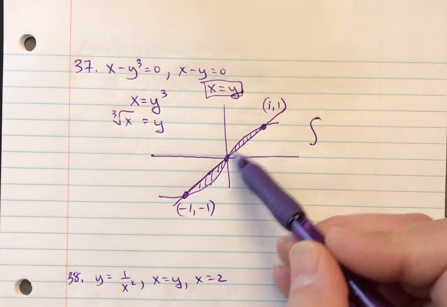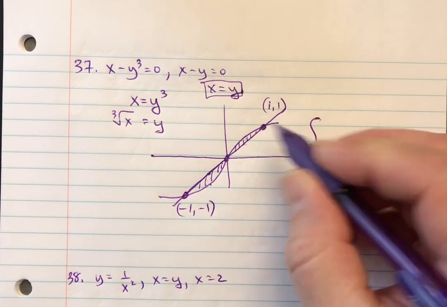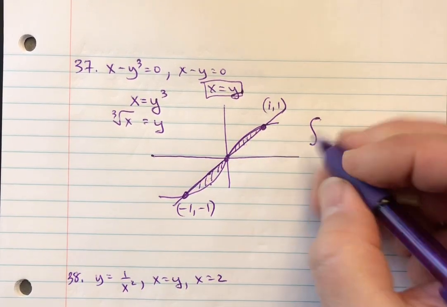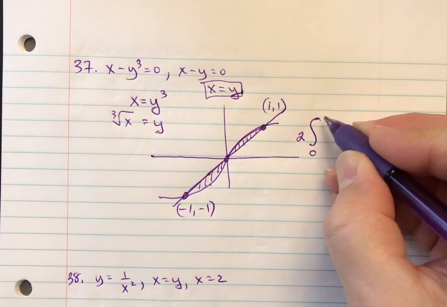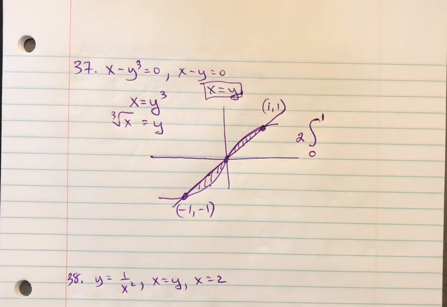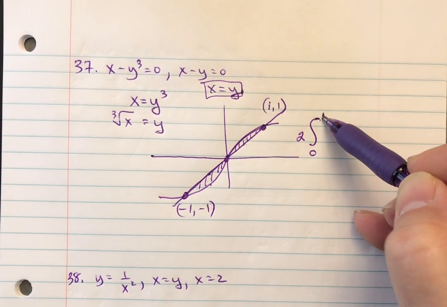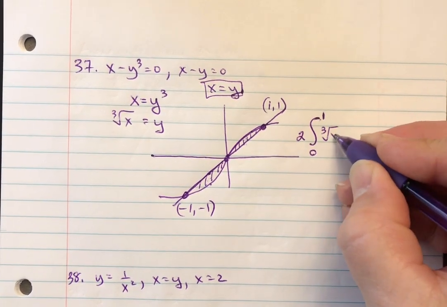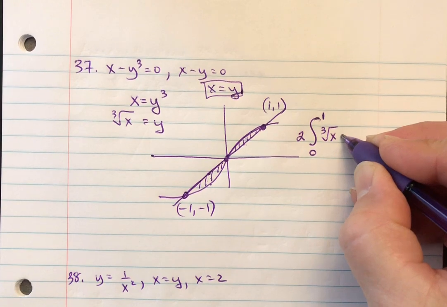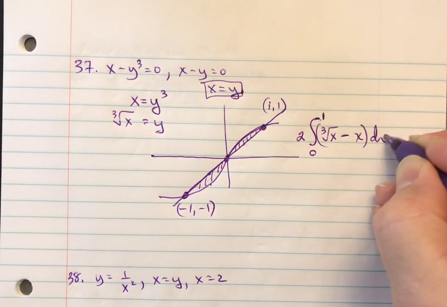But since these two regions are symmetric, I am going to just integrate one of them and then double that. So it's going to be from 0 to 1. I'm going to integrate from 0 to 1, and then my upper function is the cube root of x, and the lower function is y equals x, dx.